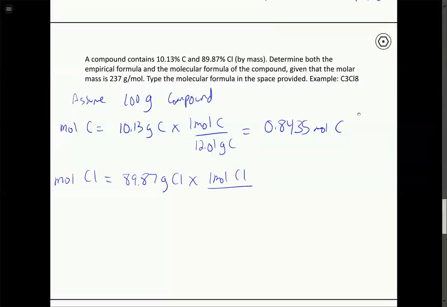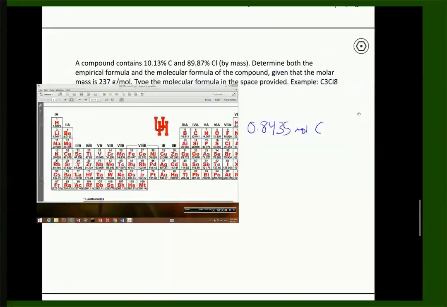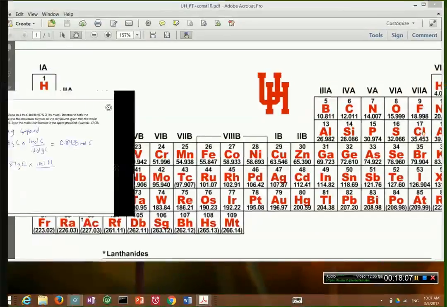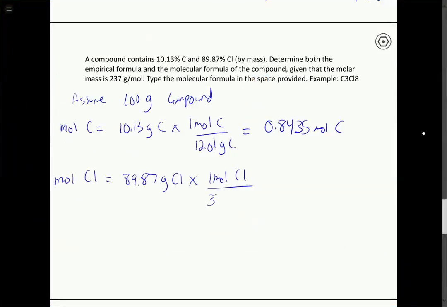And then the molar mass of chlorine, the atomic mass of chlorine, again, we used this one earlier, it's 35.45 from the periodic table. So 89.87 divided by 35.45, we get 2.535 moles of chlorine.